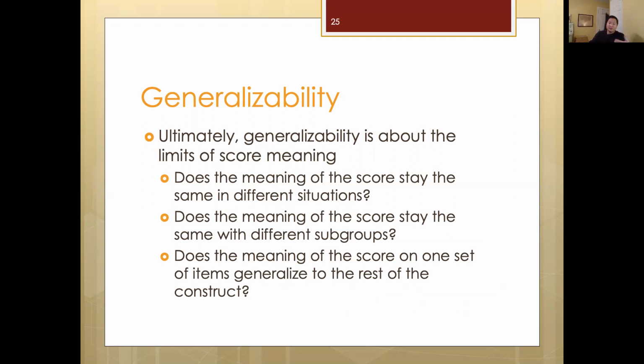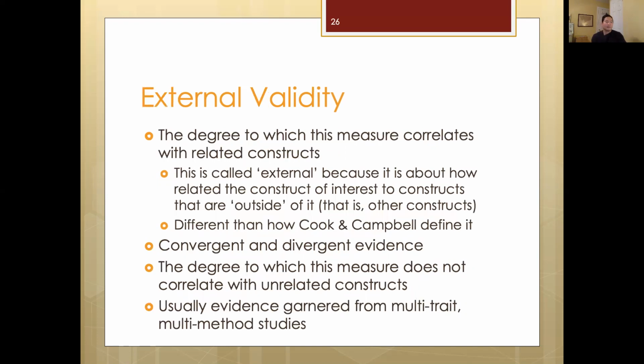And could we use it appropriately with the group of people we have? Don't just assume that it'll work. You have to read through the items and the construct definition and think, could there be differences not due to the construct or differences on the construct, but other differences due to being in different groups or different countries or different situations?